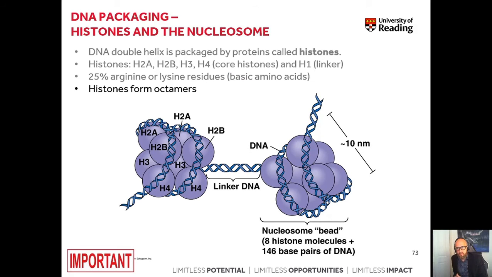Histones form octamers. That means that each histone unit contains 8 histones. So what you can see here is one nucleosome bit, and we have the linker DNA. And the linker DNA is actually the region in the DNA where our H1 linker histone binds to.